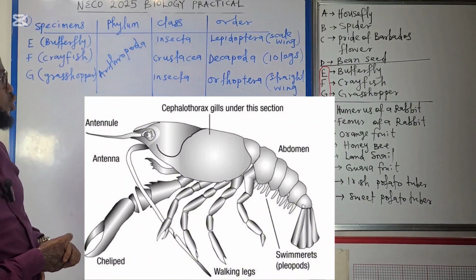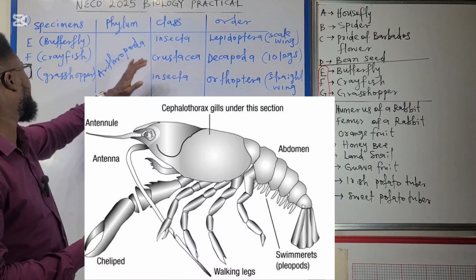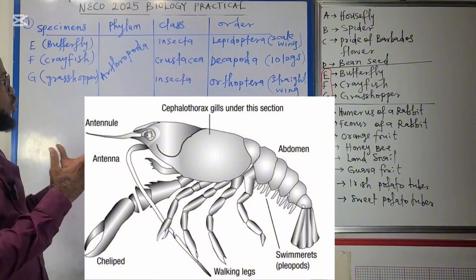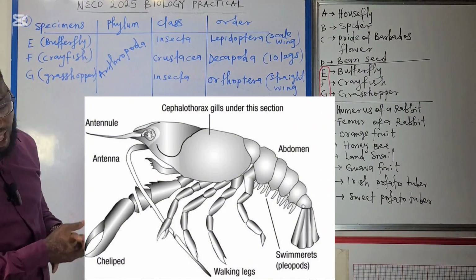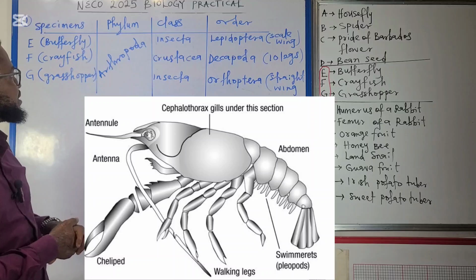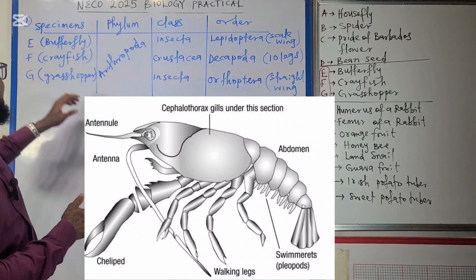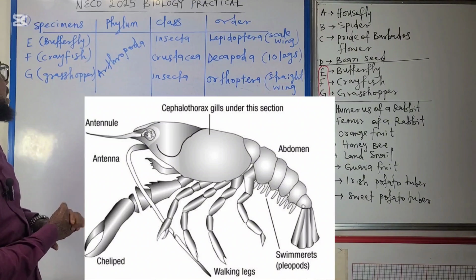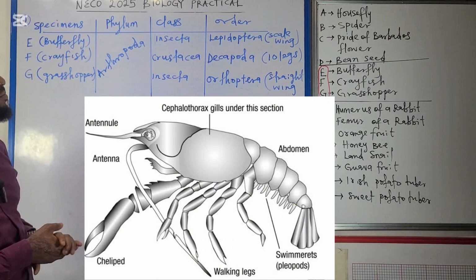The reason for putting it into the class Crustacea is that it has so many legs, and apart from that, the hard carapace that covers the cephalothorax. It has 2 body parts, cephalothorax and the segmented abdomen.